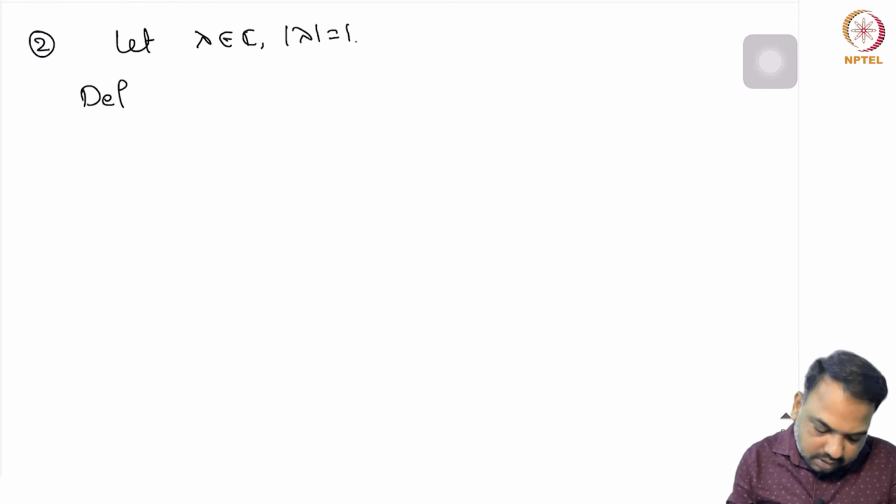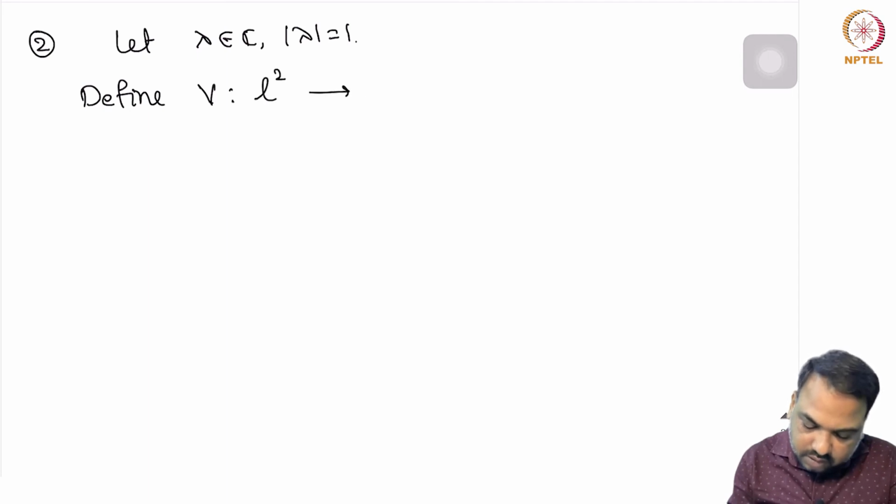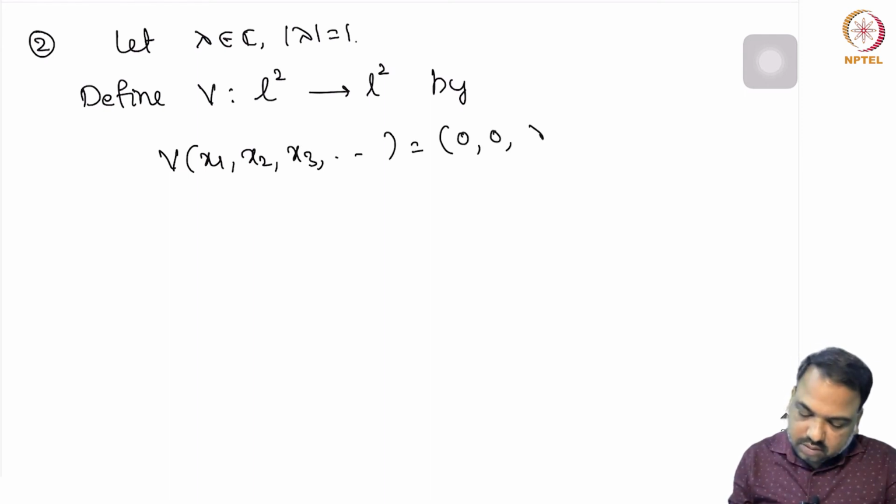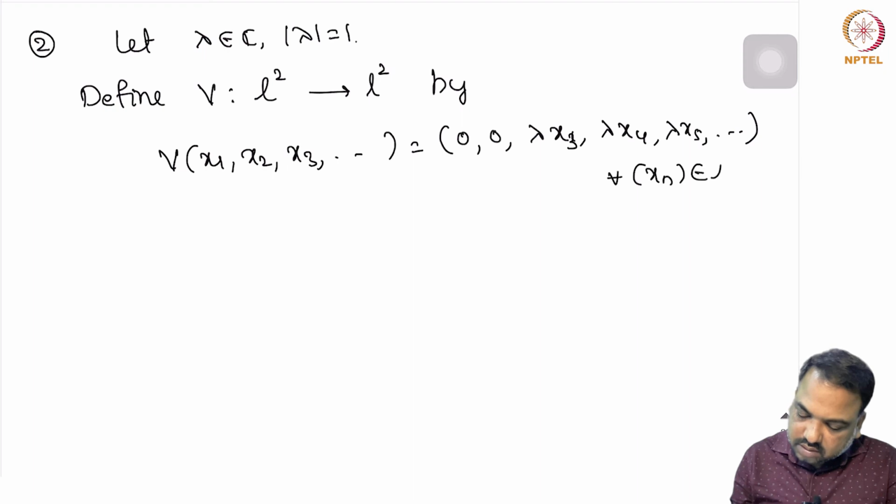Define V from L2 into L2 by V of x1, x2, x3 and so on is mapped to 0, 0, lambda x1, lambda x2, lambda x3, lambda x4, and so on, for every xn in L2.